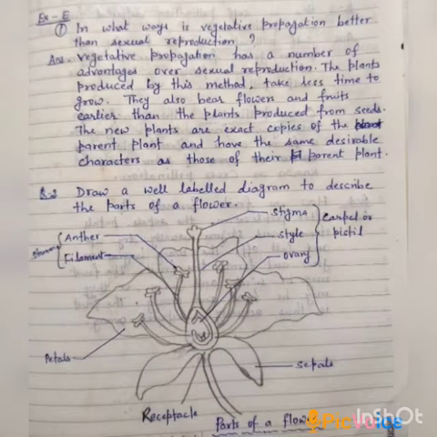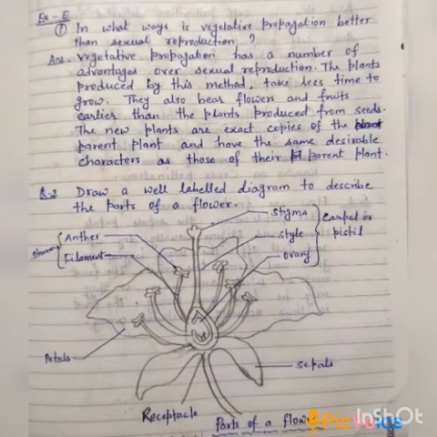Question number 1 is, in what ways is vegetative propagation better than sexual reproduction? What are the advantages of vegetative propagation over sexual reproduction? Now, the answer of this question will be, vegetative propagation has a number of advantages over sexual reproduction.